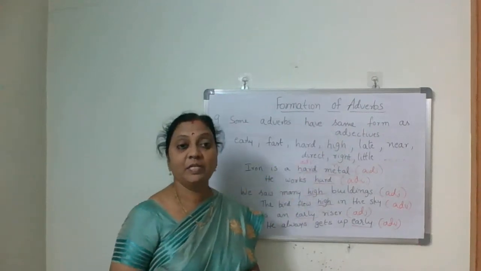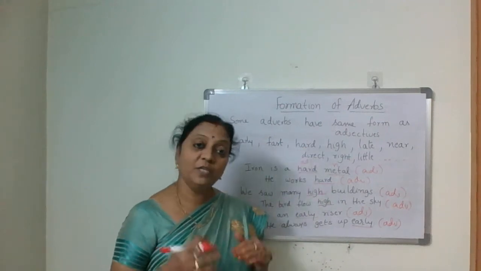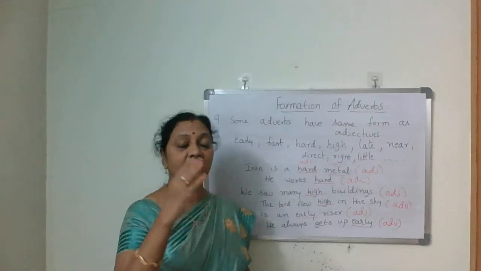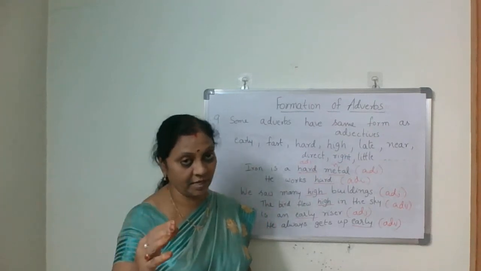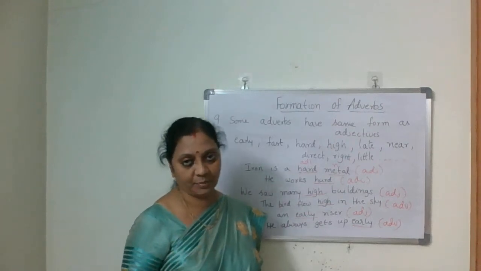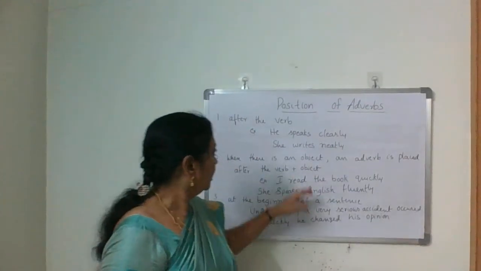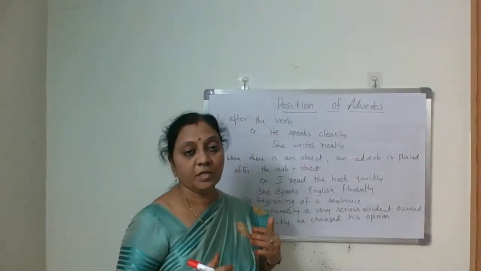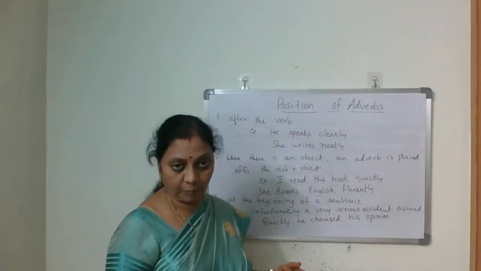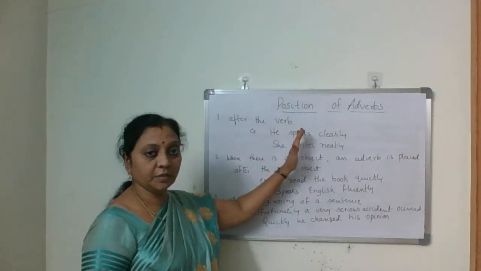With this we have completed formation of adverbs, and today we do position of adverbs, that is, where adverbs are placed: at the beginning of the sentence, in the middle, or at the end. The first one: we use adverbs immediately after the verb.